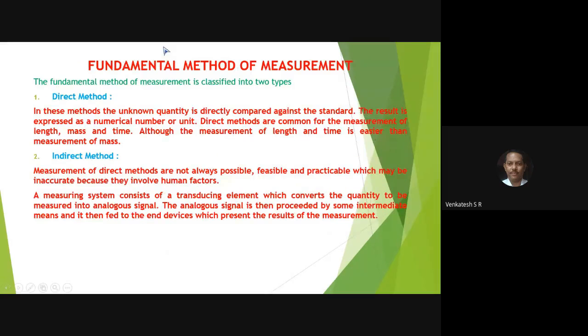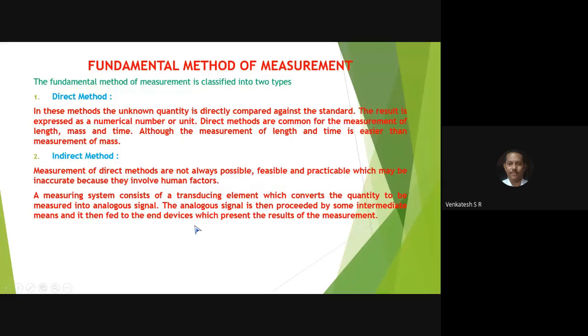Next, come to the point, fundamental method of measurement. Here the fundamental, that is the basic measurement, is classified into two: direct method and indirect method. The direct method is the measurement of the length of the shaft or the length of the workpiece by using a steel scale. The indirect method is the measurement of the speed of the vehicle by using an analytical or digital speedometer.